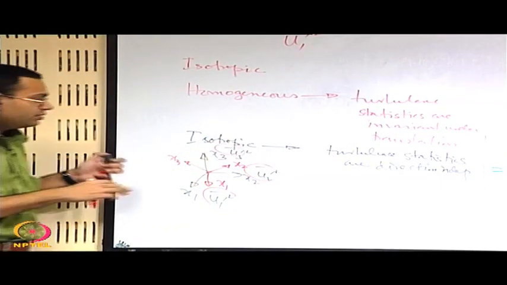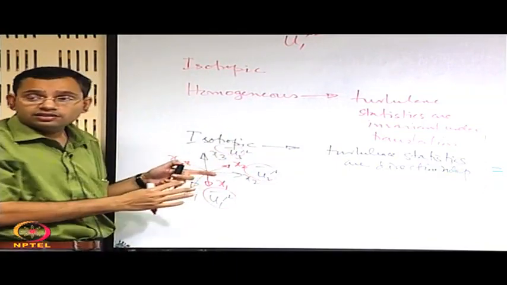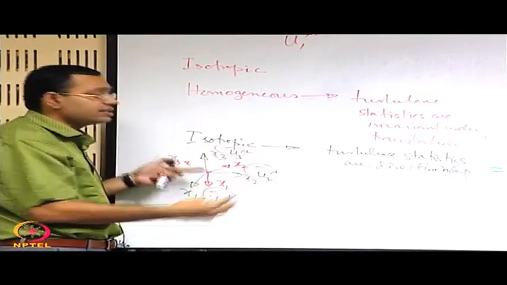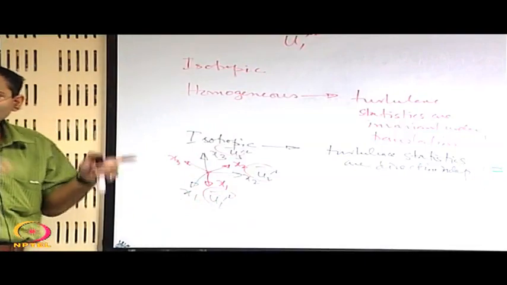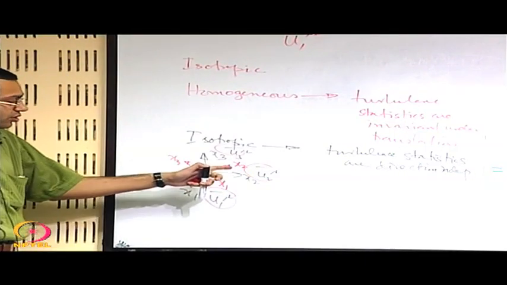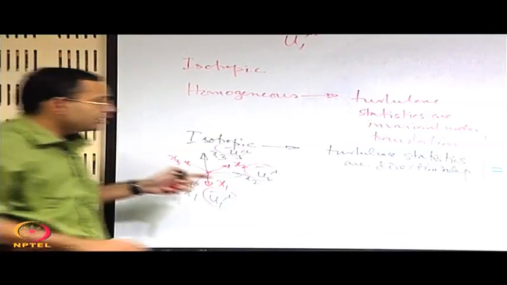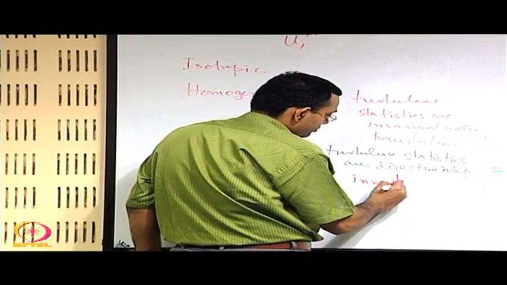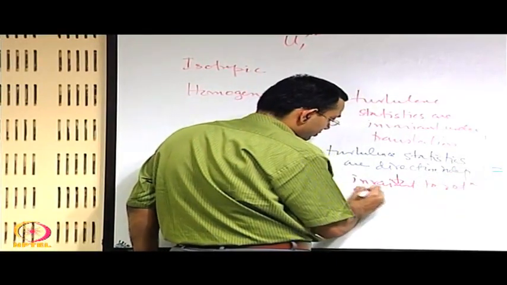So the statistical description is rotation invariant. Again, it does not mean that u2 prime square is the same, it just means u2 prime square when statistically averaged remains the same. So not only rotation, also reflection. So turbulence statistics are direction independent means invariant to rotation and reflection of coordinate axes.